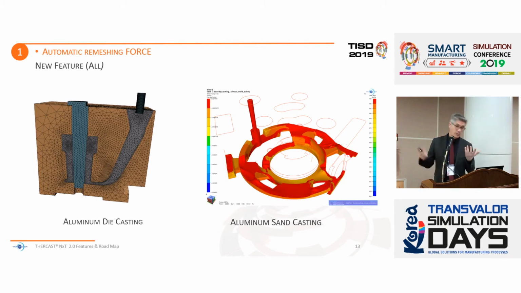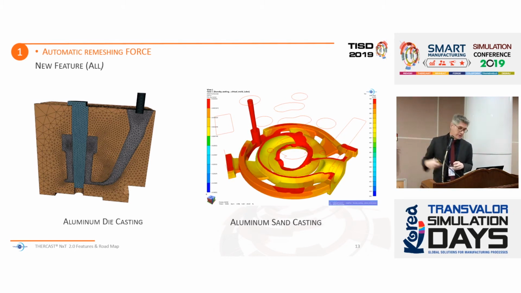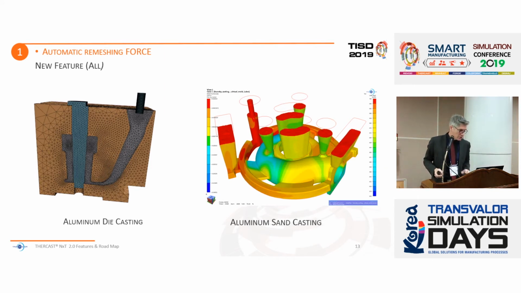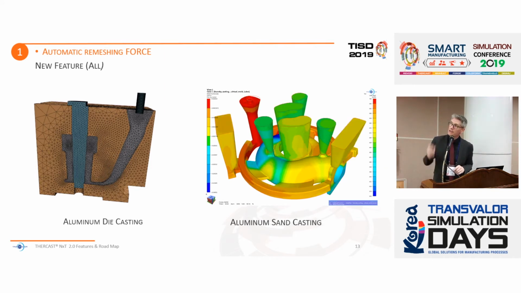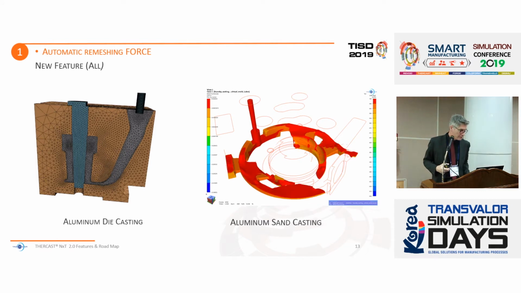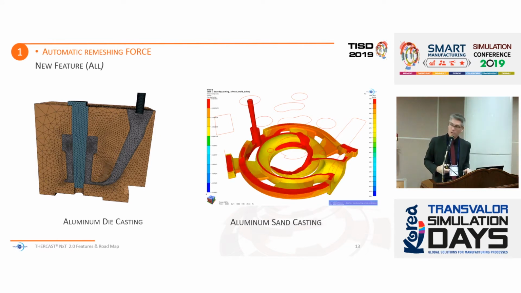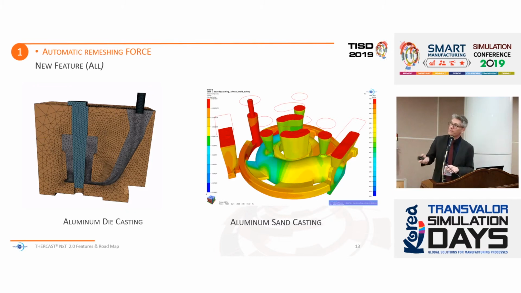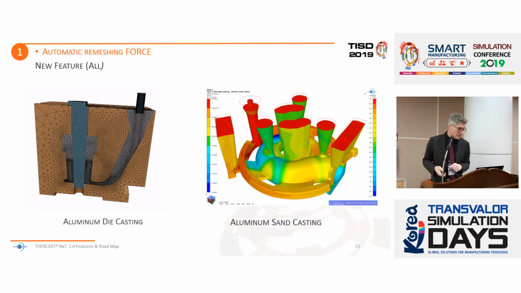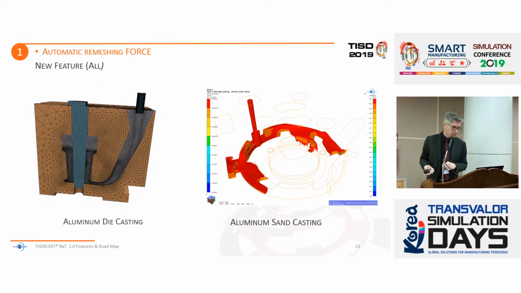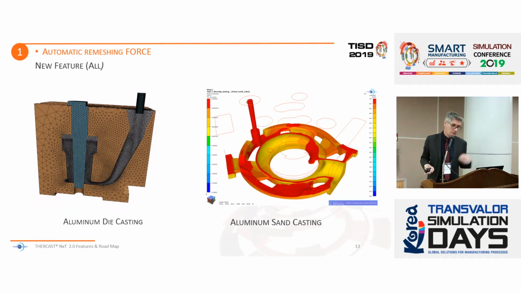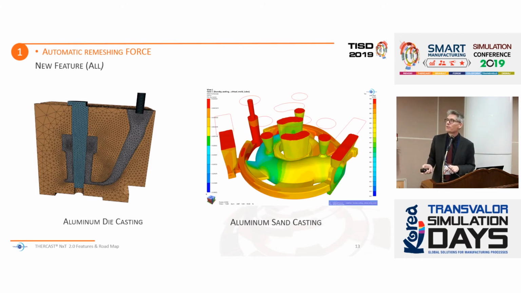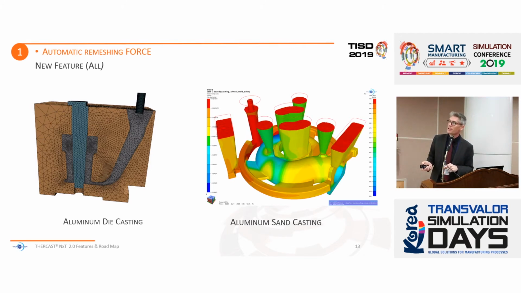This is a previous case you recognize, but seen through its mesh. You see that the mesh is changing automatically during the filling time, and for sure this is the solver dealing with that, and no longer the user. So it's very efficient, and I would say now you can really run blindly with no expertise in meshing.